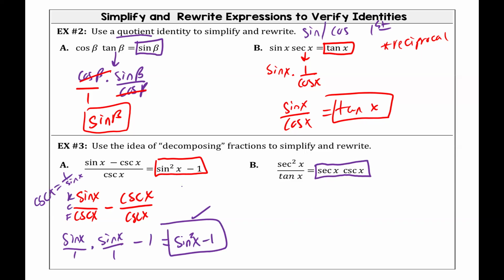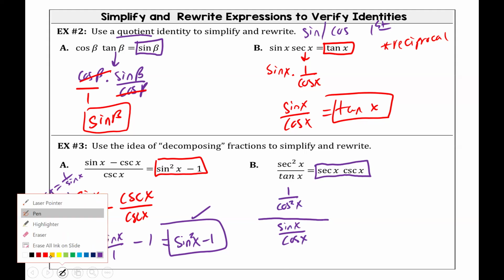One over cosine. So secant squared is going to become 1 over cosine squared. What does tan x become? Sine over cosine. You want everything in terms of sine and cosine. Remember, x's and y's run the show.